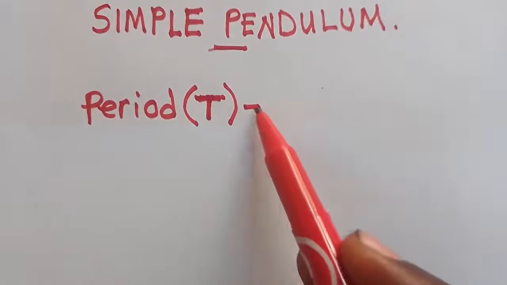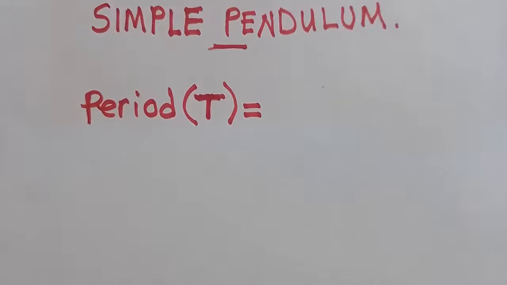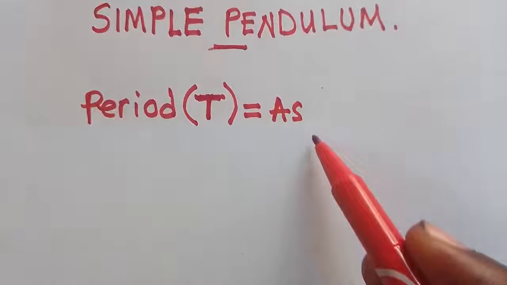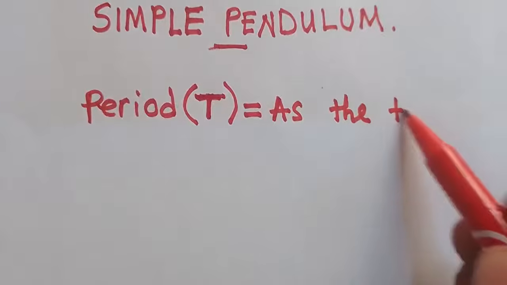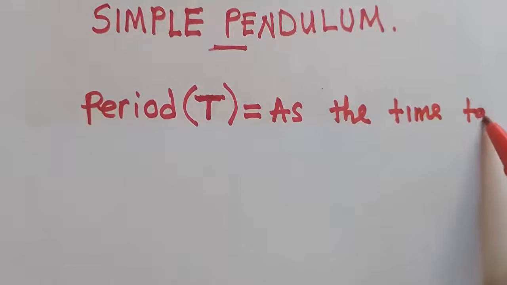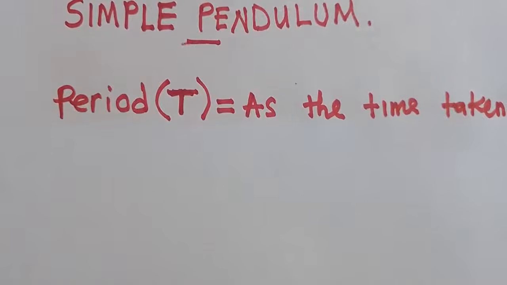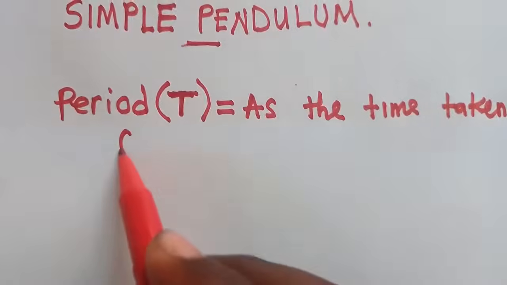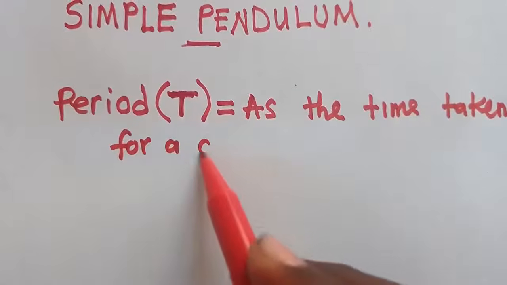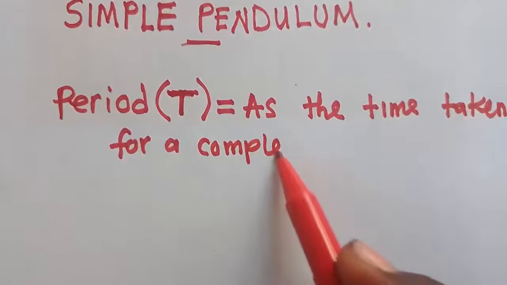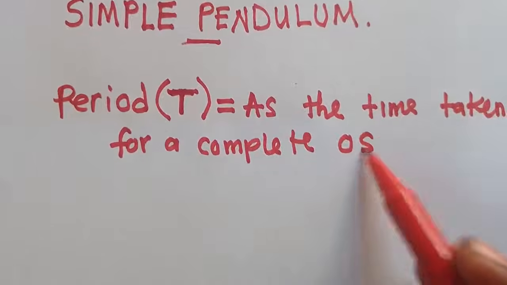So how is period then defined? Sometimes you'll be told to define the period of a pendulum. How can you define the period of a pendulum? It is defined as the time taken for a complete oscillation.